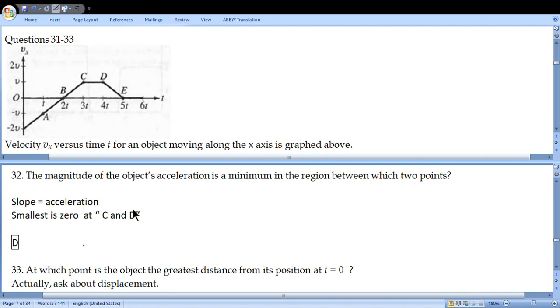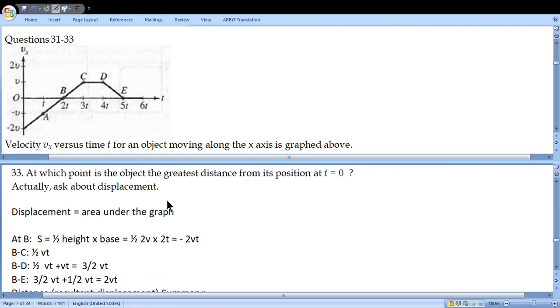So slope equals acceleration. The smallest acceleration or slope is 0 between C and D, because here we have non-zero and here we have non-zero. The smallest is at C and D.